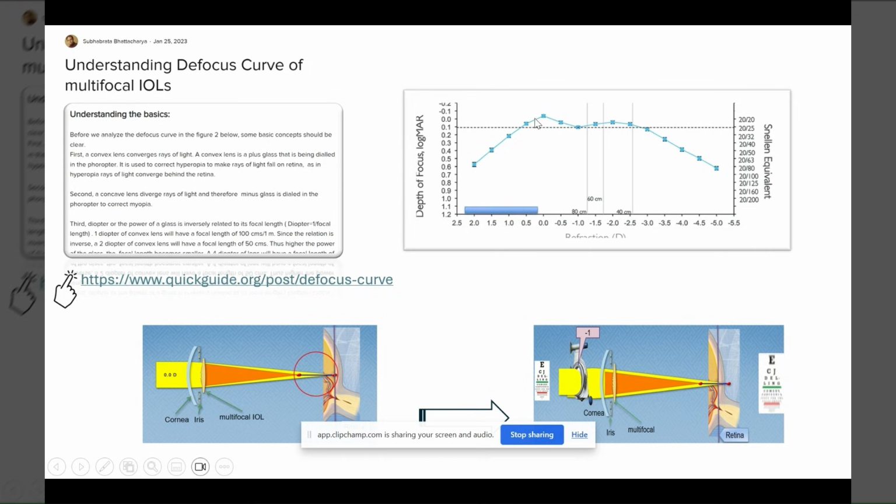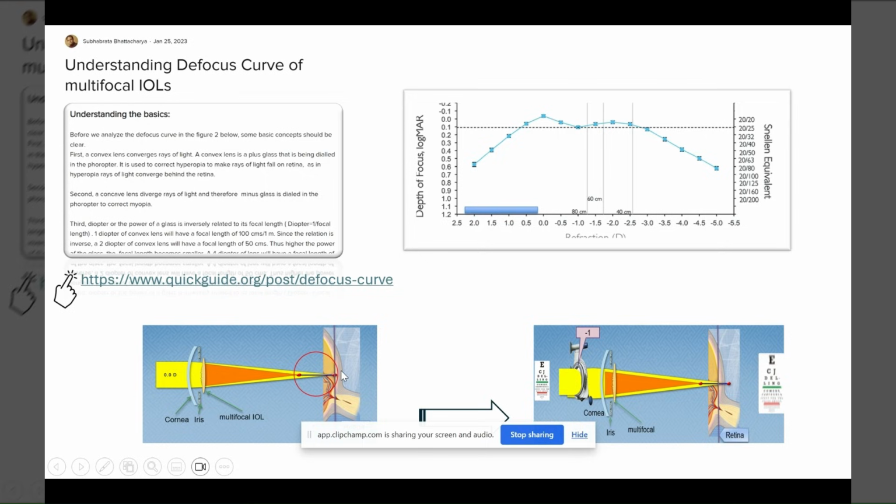So by dialing these lenses, you are recording the patient's vision, and you understand actually what the patient's near vision and intermediate vision could be. So what happens is that when you have not defocused the patient, you have made the patient best corrected. That's the starting point, 0, 0.